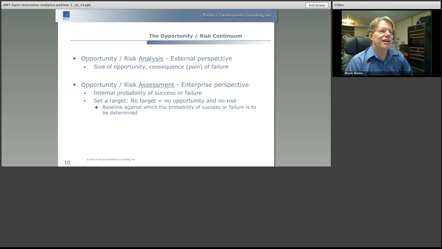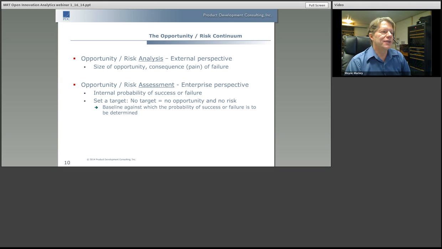A long time ago, when I first learned a little bit about risk management, one of the keys to risk management is you have to set a target. If there's no target, then there's no risk. You can either succeed or fail depending on whether you're a cup half full or a cup half empty type person. But without a target, there's no opportunity and there's no risk. The target is the baseline against which the probability of success or failure is determined.